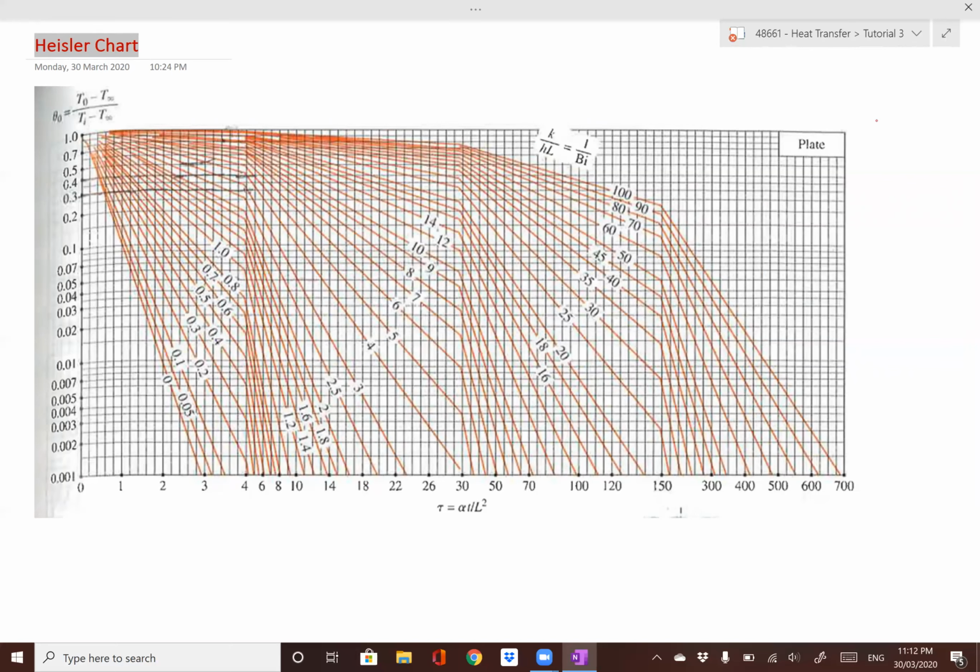Okay, so this is the Heisler chart. The y-axis is the dimensionless center line temperature. There is a formula to calculate it: T naught minus T infinity over Ti minus T infinity. This is for the y-axis values.